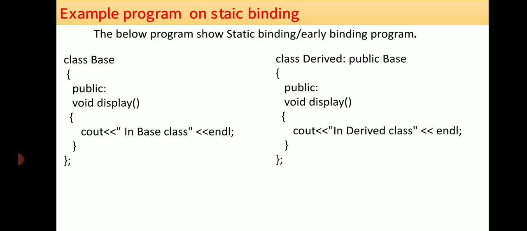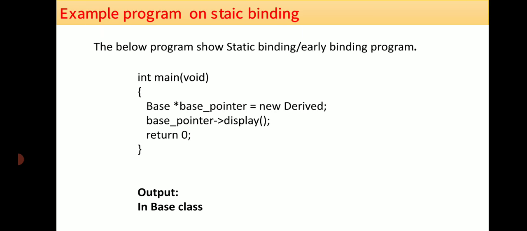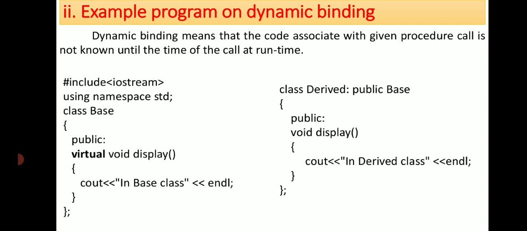Because we are using the pointer of the base class, we access the display method of the base class. So it will print the output as in base class, not in derived class. The linking of the calling function to the called function takes place during compile time, and this type of binding is called static binding.